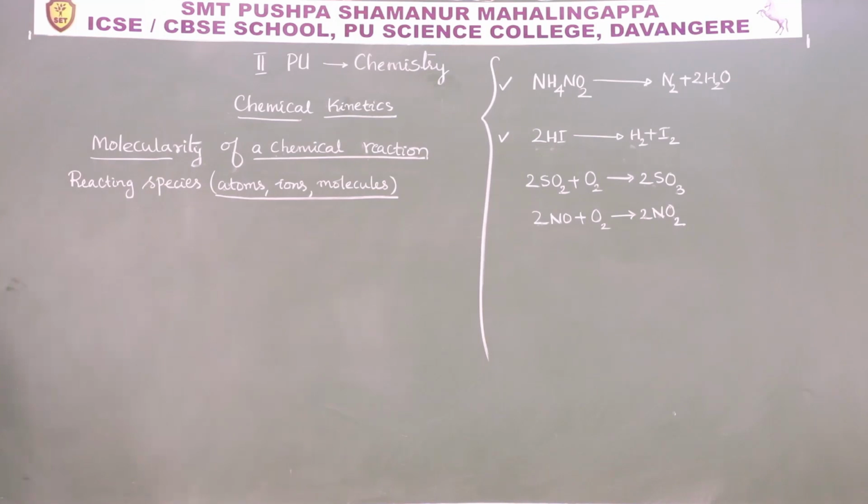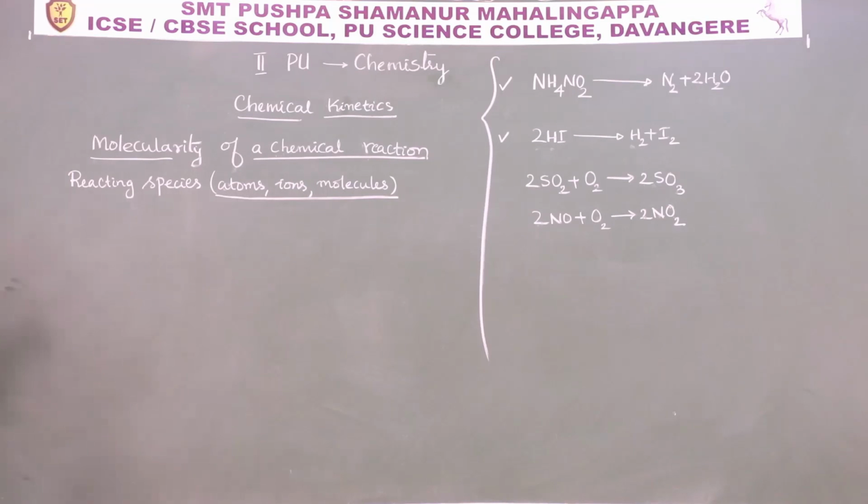Therefore, what do you mean by molecularity of the chemical reaction? It is the number of reacting species taking part in an elementary reaction, which must collide simultaneously in order to bring about the chemical reaction.